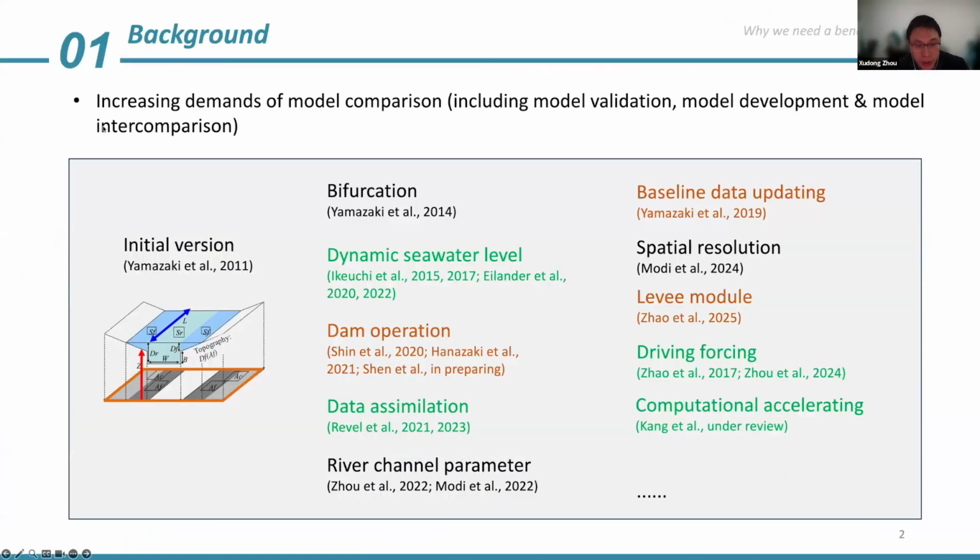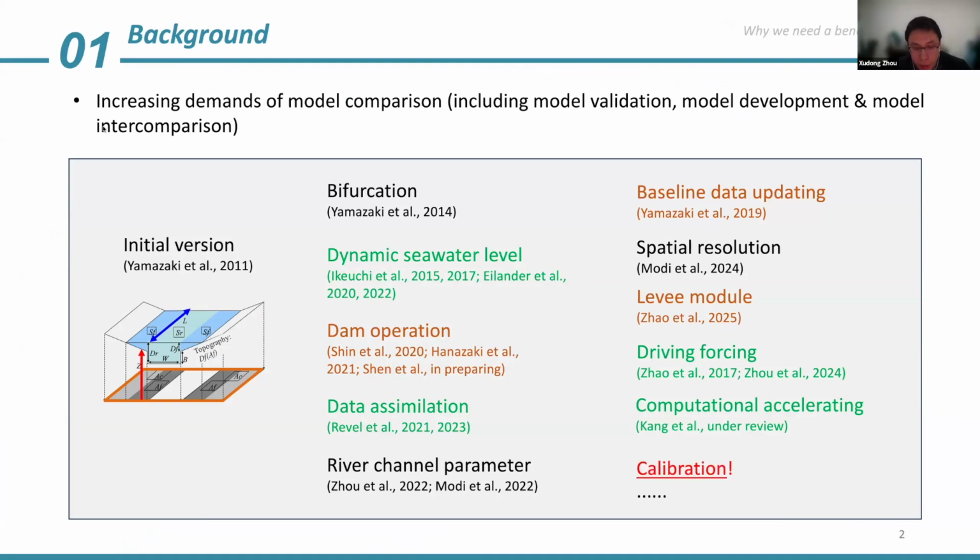So benchmarking is used to compare models among models. As we see from today's presentations, we have many different developments in the last decades. For instance, the bifurcation, dynamic seawater levels, dam operation, the latest levee model, and the computational acceleration by different methods.